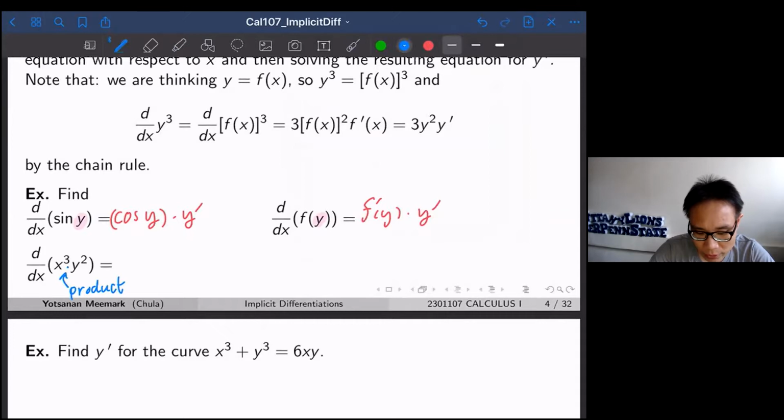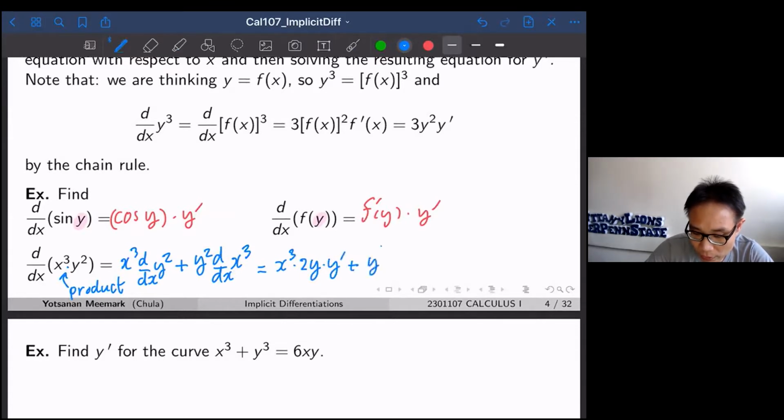So you differentiate this one by using the product rule: the first times the derivative of the second plus the second times the derivative of the first. So it's going to be x cubed times 2y y prime plus y squared times the derivative of x cubed, which is 3x squared. This is how we find this derivative.